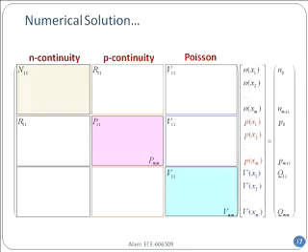All this is inside the matrix. I have three equations: the n continuity equation, the p continuity equation, and the Poisson equation. And this vector starts from n1 to nM, first point to the last point. Similarly, the unknowns are p1 to pM and potential from the first point to the last point. And this is what I'm trying to solve for.